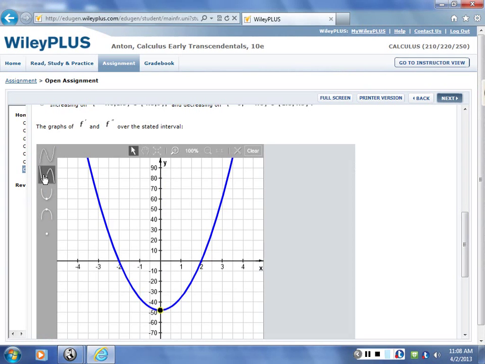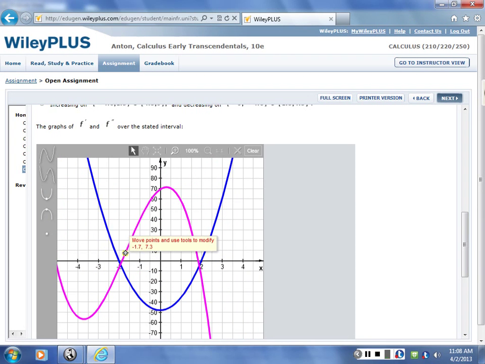here, I know that at minus 5, I have this function, or not this one, sorry, delete that one. I have to have this one. At minus 5, my function is above the x-axis.